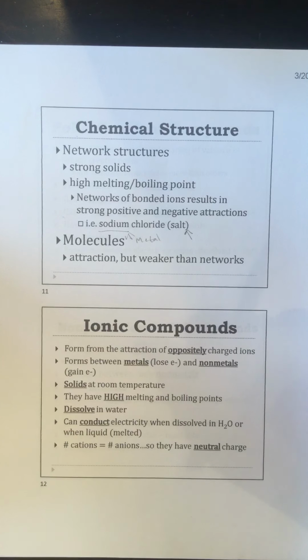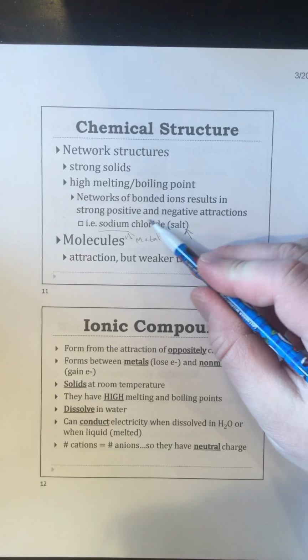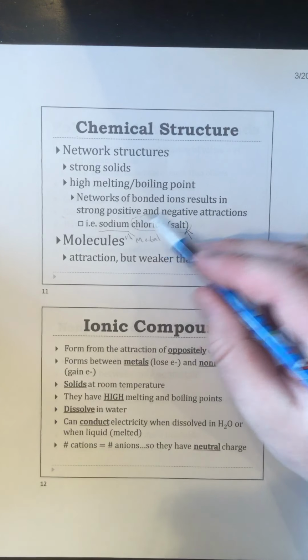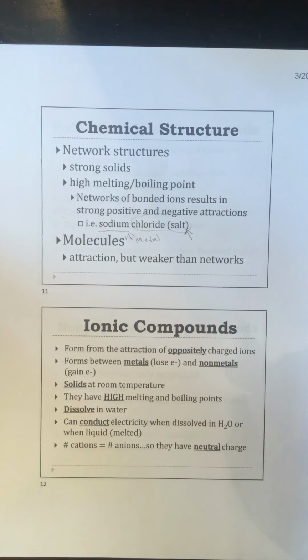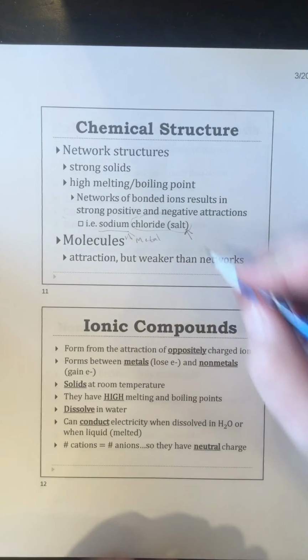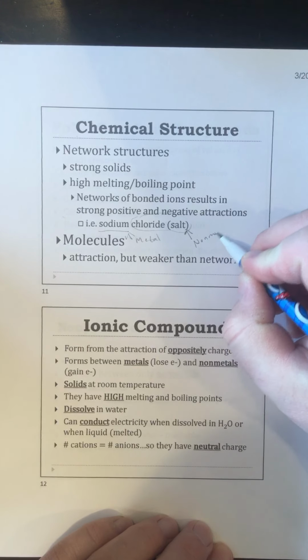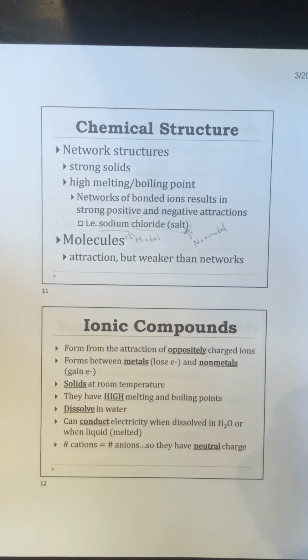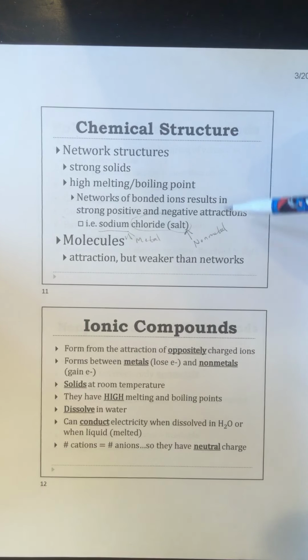Now, I think a lot of times whenever anybody hears a salt, they think of table salt. But look, this is a negative ion, a non-metal found on the right side of the periodic table. Okay. So this is for our ionic bonds, okay?